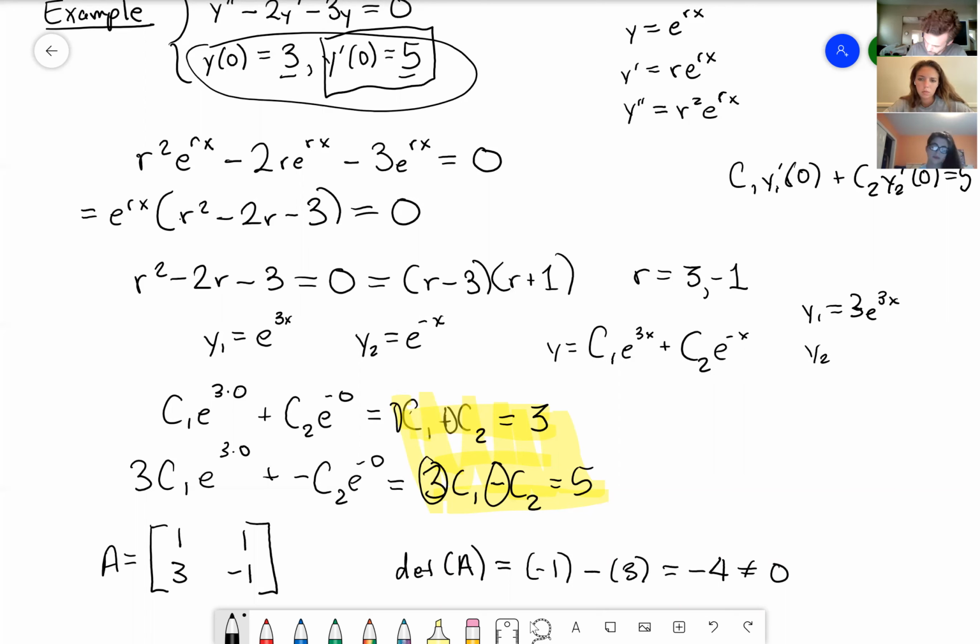And then y2 prime will be negative e to the negative x. So that's where that's coming from. I'm plugging 0 in, so I get e to the 0 in each of these cases, and it just becomes 1. So I get 3 times C1 plus negative 1 C2.